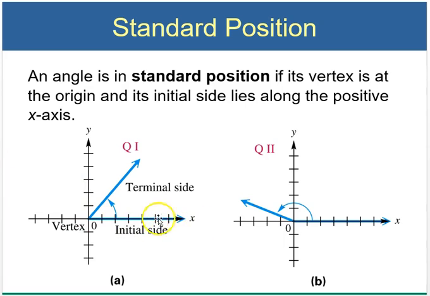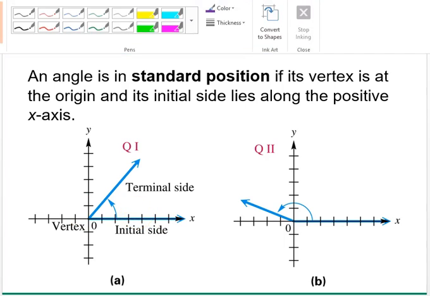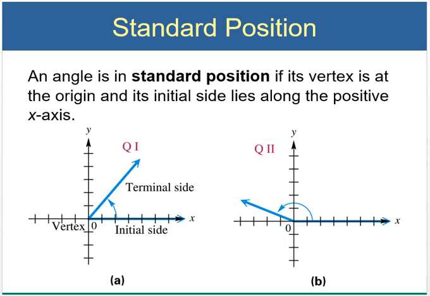So angle measurements like here's your initial side, and then say your terminal side. Let me get my pen tool out. So you have this. Well, that is a 90-degree measurement right there with your X and your Y axis. That is a quadrantal angle.